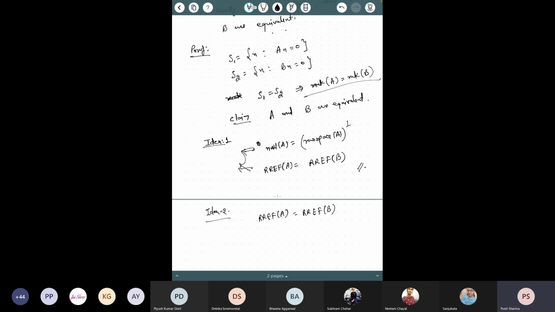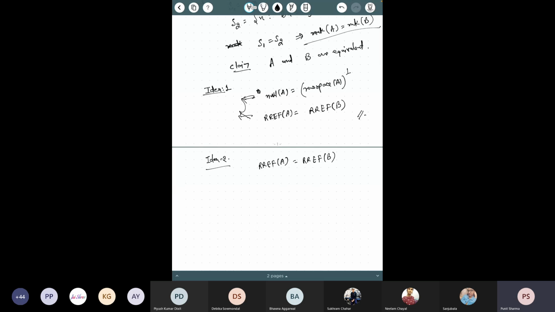So there are cases you have to consider. Keep in mind that rank of A is equal to rank of B, and then suppose the row reduced echelon form of A is not equal to the row reduced echelon form of B. Then what happens? Either the leading variables are not occurring at the same position, in the same column, in both the echelon forms, or the leading variables occur at the same position but the free variables are not occurring at the same position in these two forms.